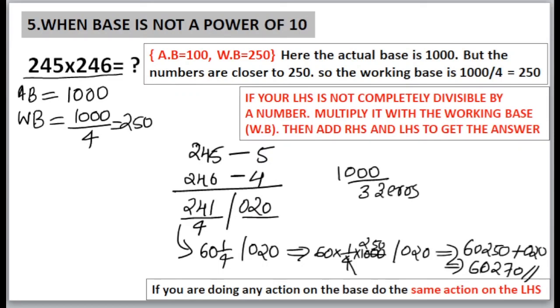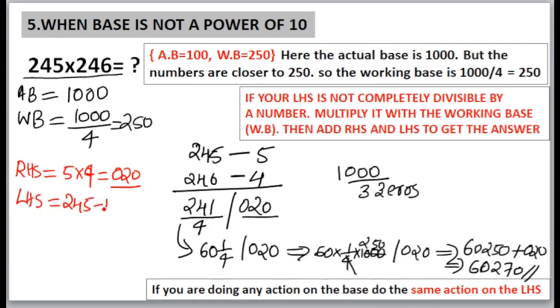So your RHS is 5 into 4, we will write it as 020. Then LHS is 245 minus 4 divided by 4. This is your LHS.